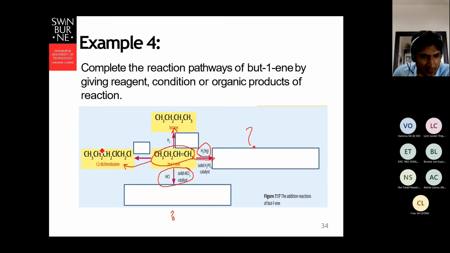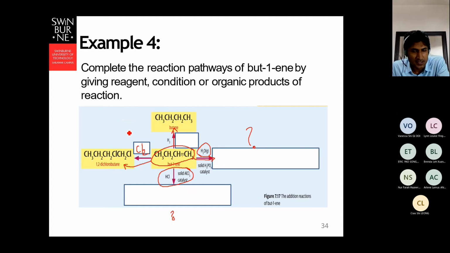From this reaction we see that it is 1,2-dichlorobutane, which means the starting material is unsaturated. If I add 2 chlorine atoms together, of course 2 chlorine atoms make a chlorine molecule, so 1,2-dichlorobutane will be produced.